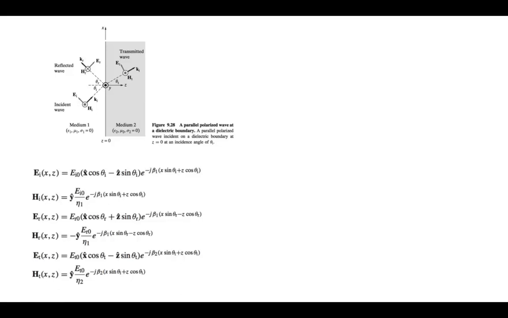Then in the exponent, we have e to the minus j beta 1, which is referred to as k1 in the Lobby textbook. Then the direction of propagation, you can see the primary difference. We still have z cosine theta in the positive, moving in the forward direction, which means it's got a negative in the exponent.